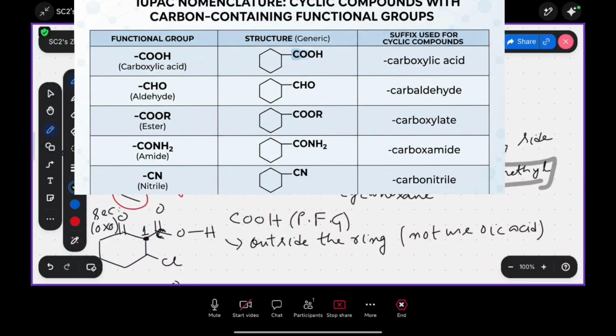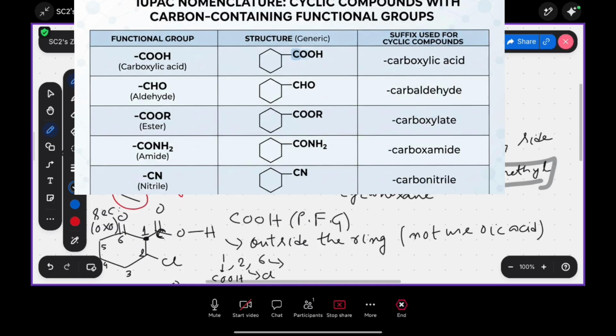1, and then if you take this as 2, 3, 4, 5, and 6, then what are the locants you get? You get 1 position, 2, and 6. At the 1 position, you have COOH. At the 2 position, you have chloro.